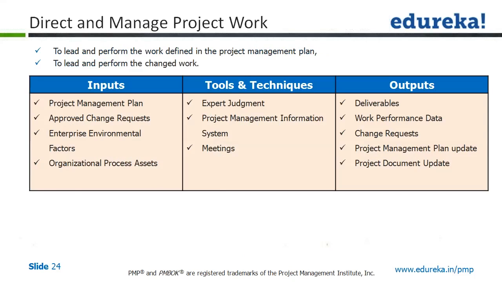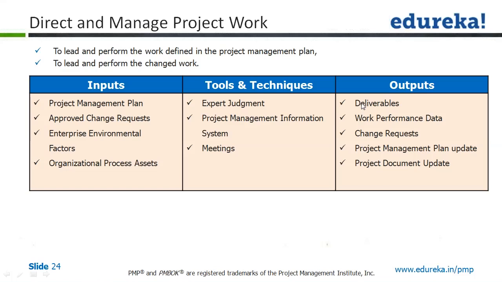And let me take you back to the outputs once again. The outputs this process delivers are various deliverables, that means various actions for the team based on the inputs fed into it, work performance data, change requests, and project management plan updates.